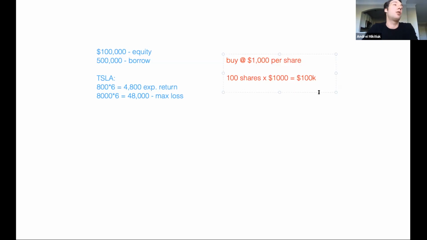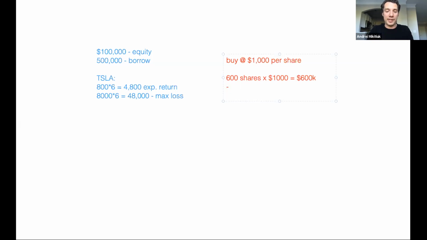If I am buying with margin, I can buy 500 shares. That would cost me 500,000, or even 600,000. So now I basically have two positions. First I have my 600 shares that are worth $600,000.